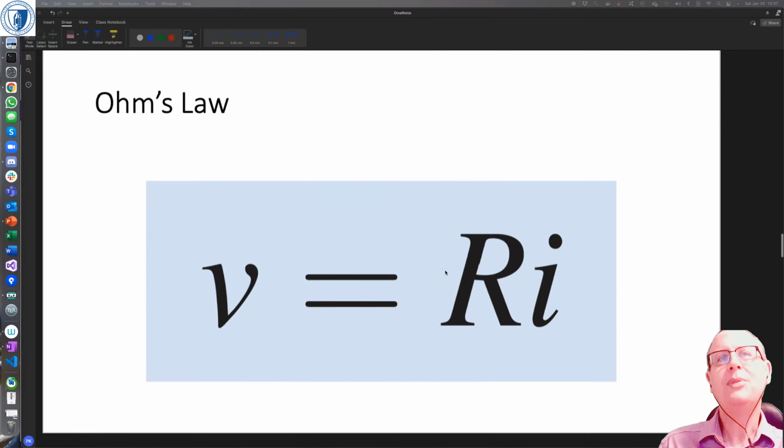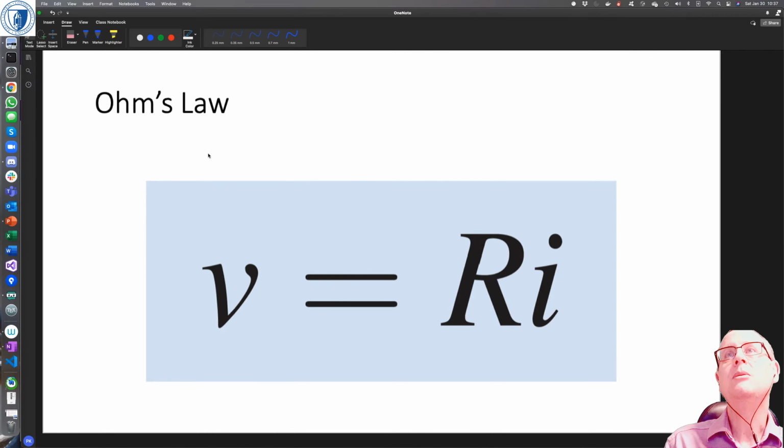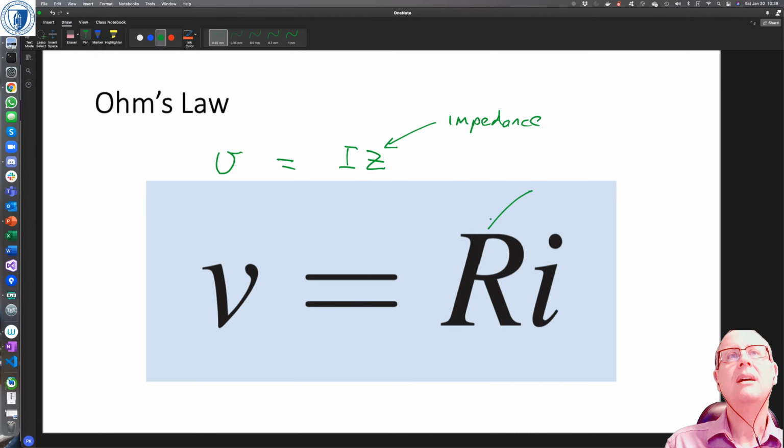I've already talked about Ohm's law. The other version of Ohm's law that we will use in this course is V equals I Z, where now Z is an impedance, and in this case R is real valued, and in this case the impedance is potentially complex valued.